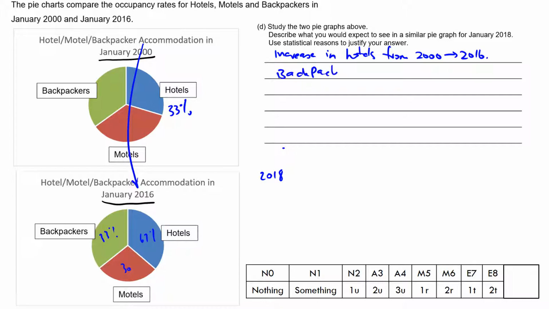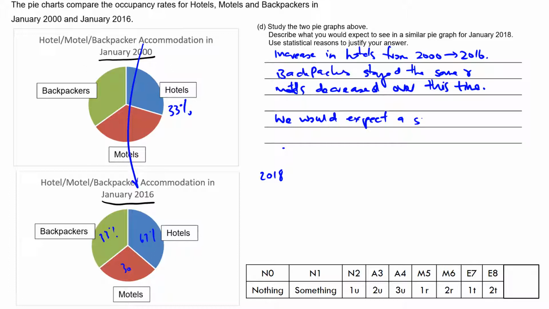Backpackers stayed the same, and motels decreased over this time. We would expect a similar pattern to occur.